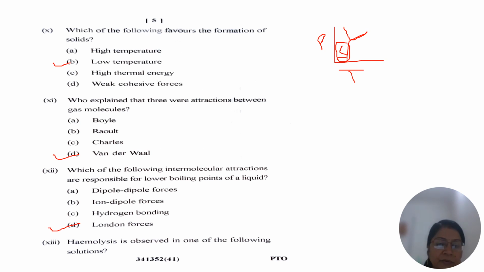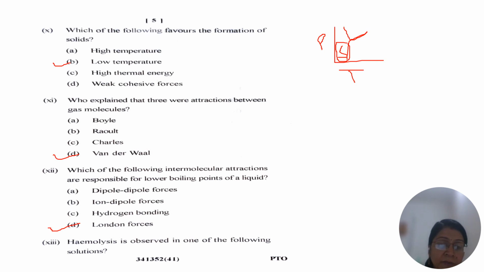After London forces, the next stronger attraction is hydrogen bonding, then dipole forces, and then ion dipole forces. So the weakest is London forces and the strongest is ion dipole forces. So the answer will be London forces.